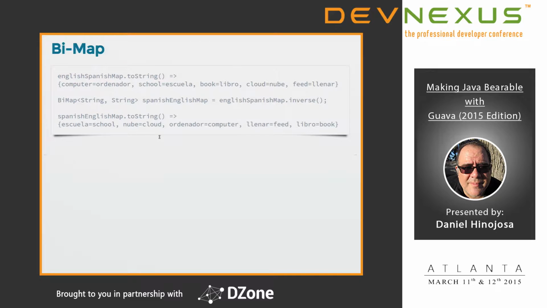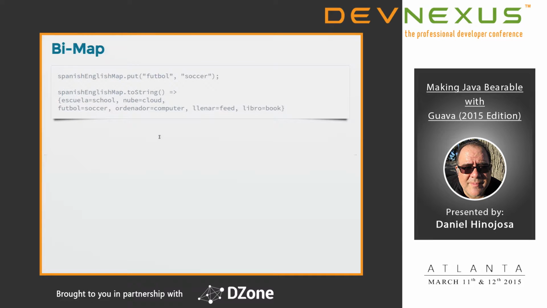So here's the thing. What I get from inverse is a reference, but it's flipped. And so I'll have a Spanish-English map. If I call Spanish-English map toString, what I see are the Spanish words and then the English words. Okay? Fair enough? This is what a BiMap is. I'm able to flip this. But here's the interesting thing.